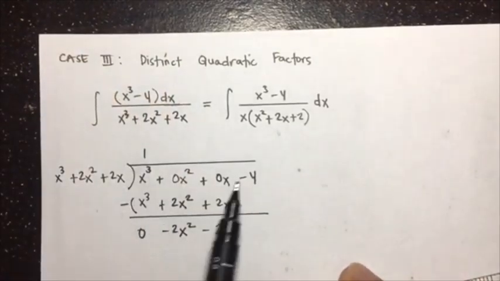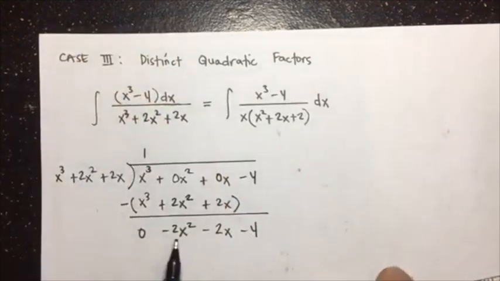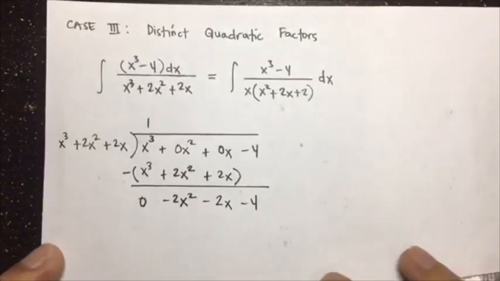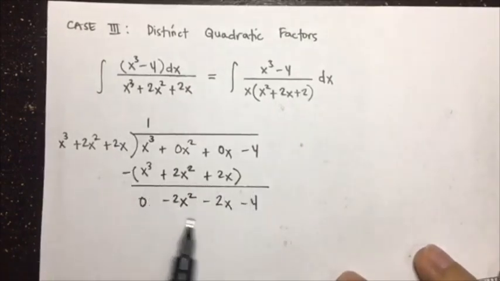Then bring down negative 4. Negative 2x squared divided by x cubed cannot be divided further, so this is our remainder.